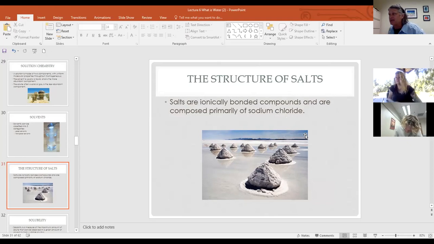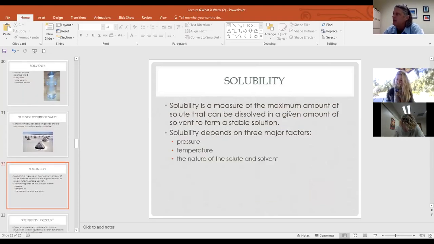I'm not gonna say all of them because that's a blanket statement, but most of them can be salts when water evaporates. And that's how evaporites form. The amount that dissolve is called solubility. It depends on pressure, temperature, and the nature of what you're dissolving and what's being dissolved.